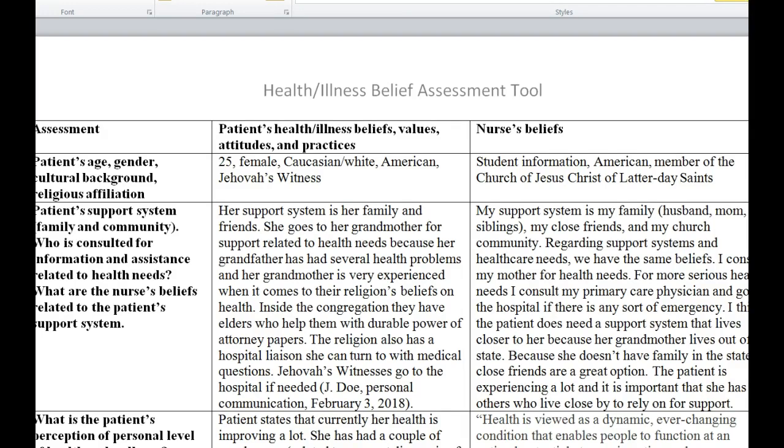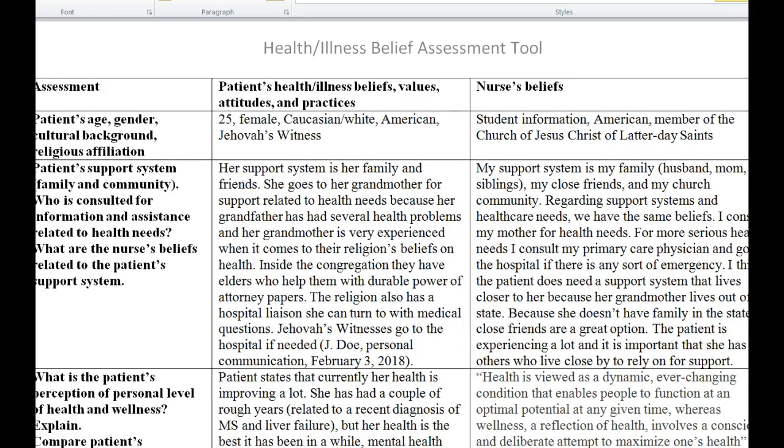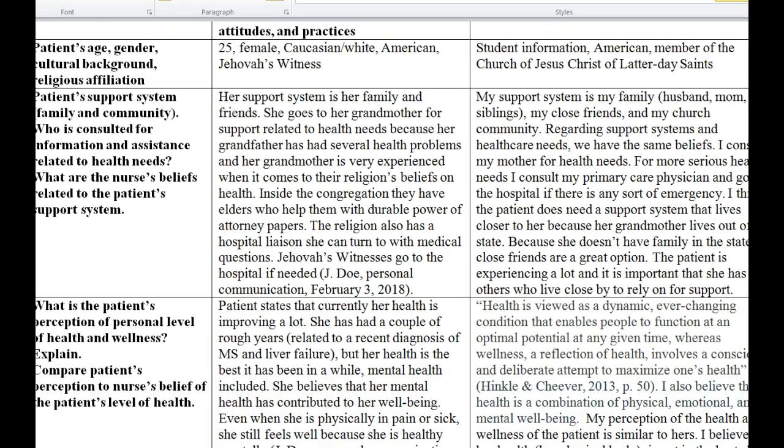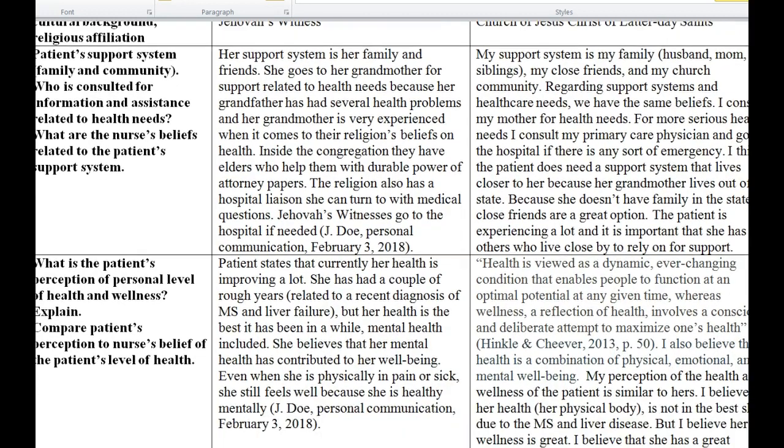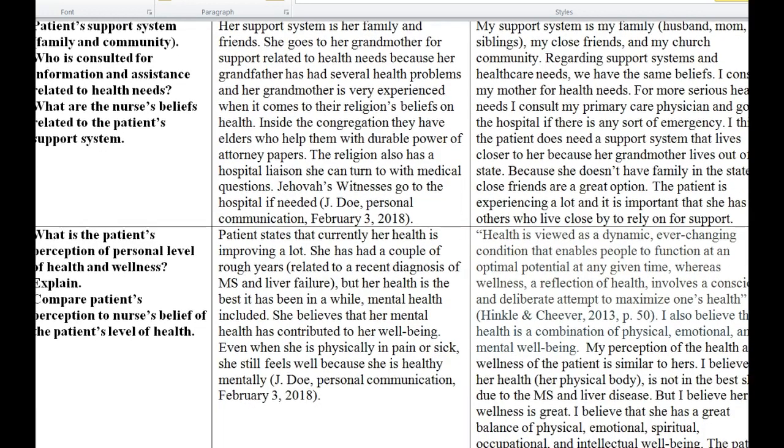So the student used the tool, and she compared herself with a person who was a Jehovah's Witness, and the student was a member of the Church of Jesus Christ of Latter-day Saints. She went down through the whole paper and talked about what the person she was interviewing was experiencing, and how it compared to her, and then her thoughts, and how it compared to her.